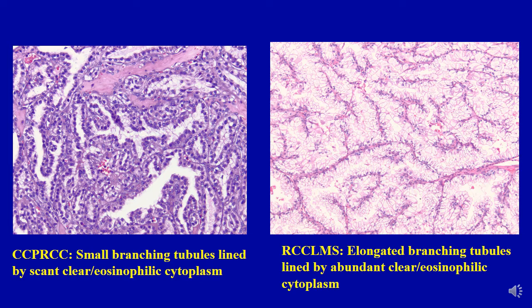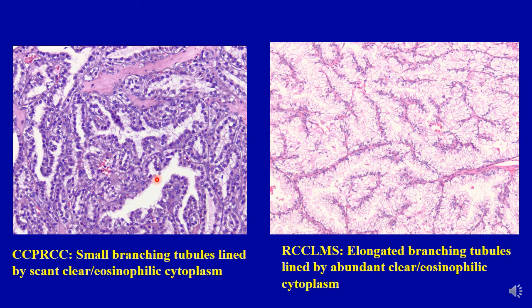So if we pay attention to architectural features, renal cell carcinoma with leiomyomatous stroma has elongated, frequently branching tubules, but the cells lining them have abundant clear to mildly eosinophilic cytoplasm. That is one of the characteristic features of this particular entity.